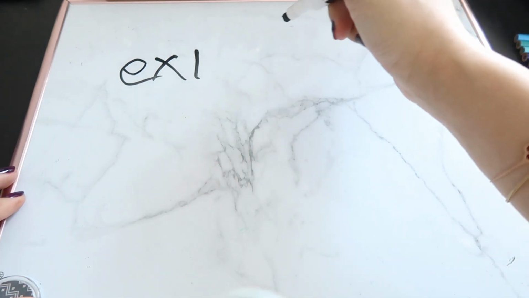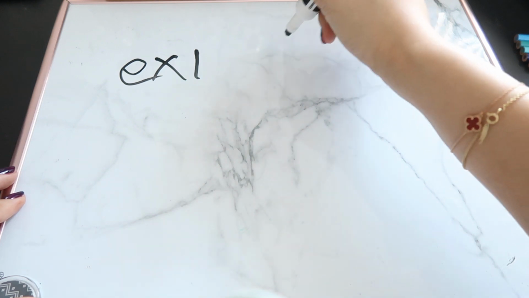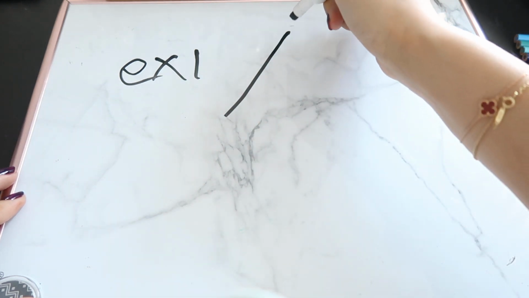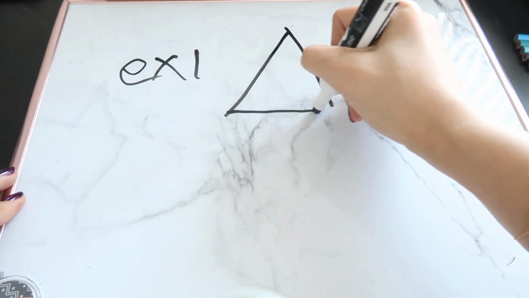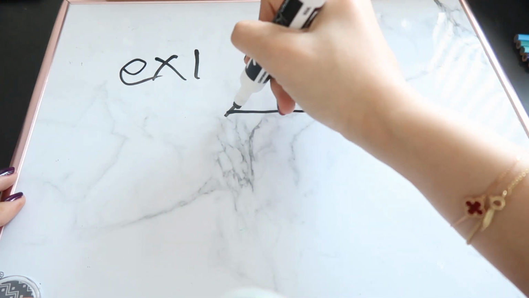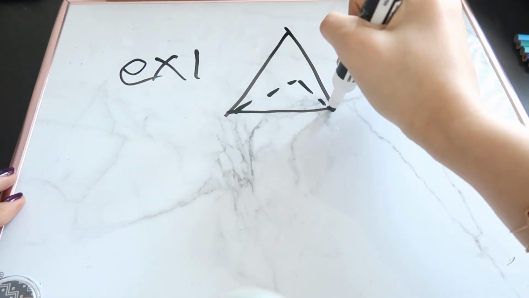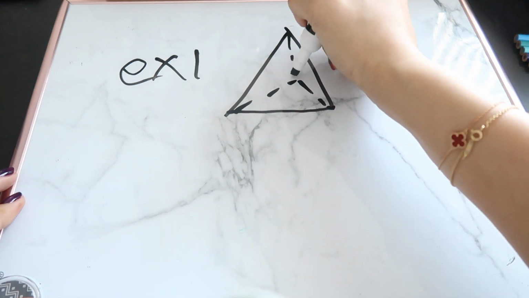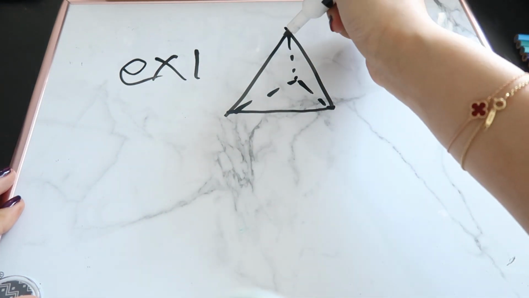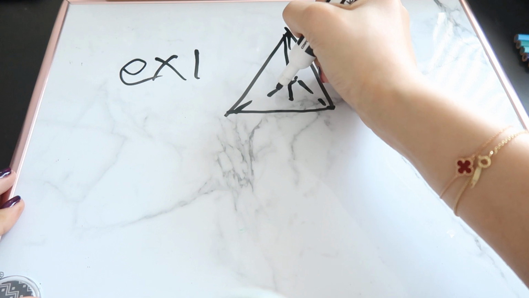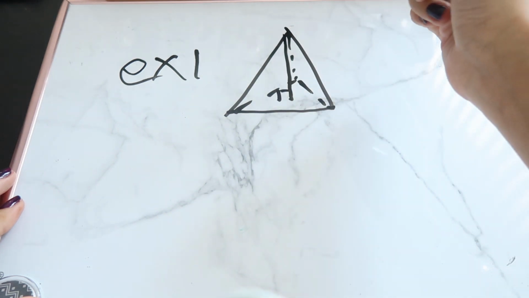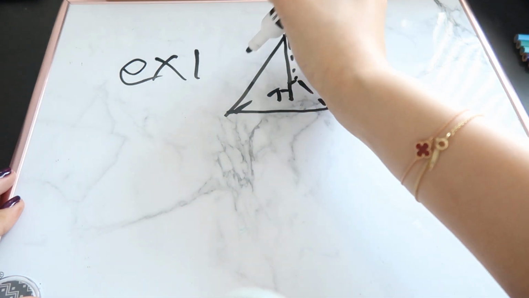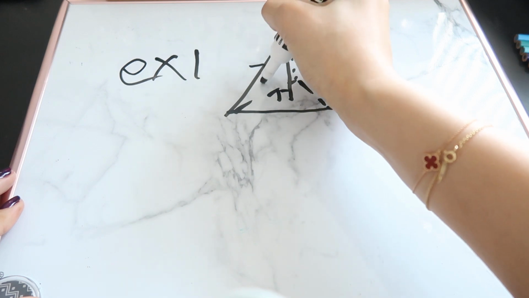So here you have a pyramid that's like this. So that's the height. The height is 7 feet.